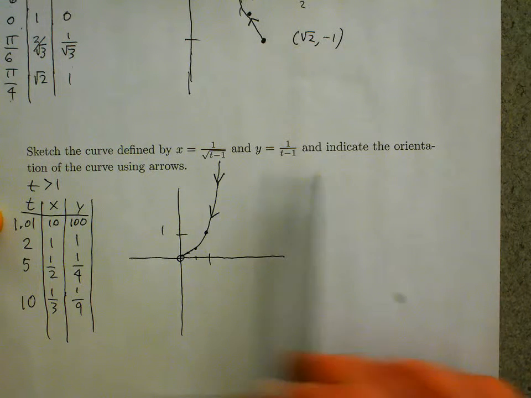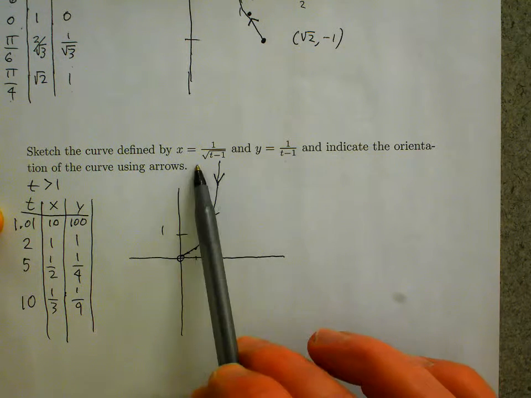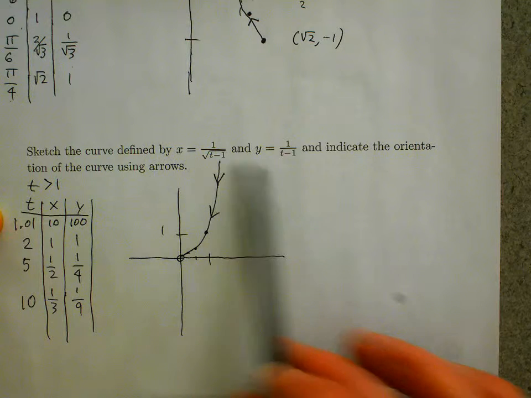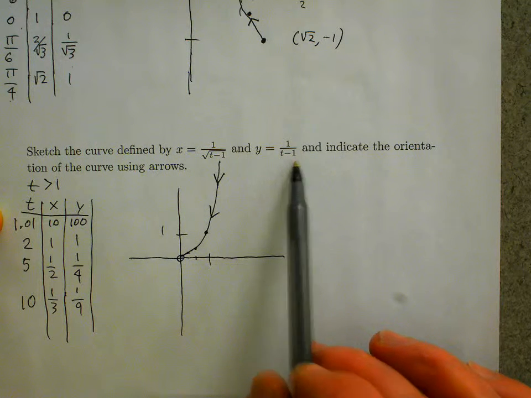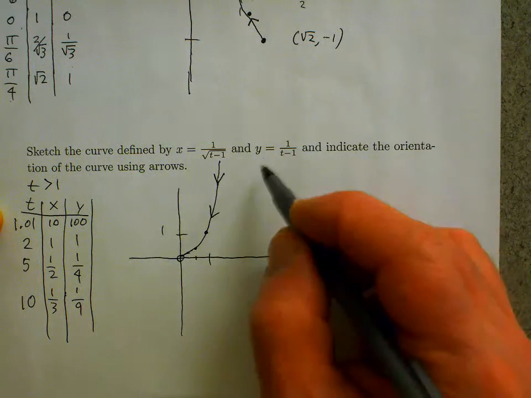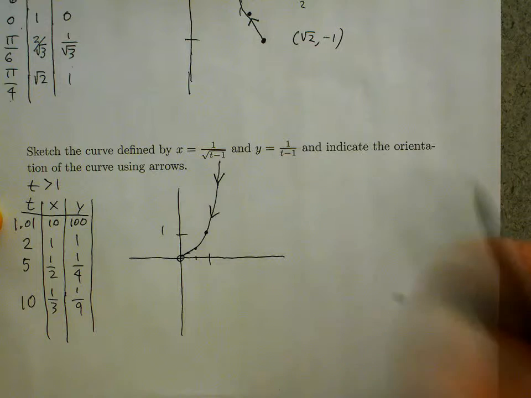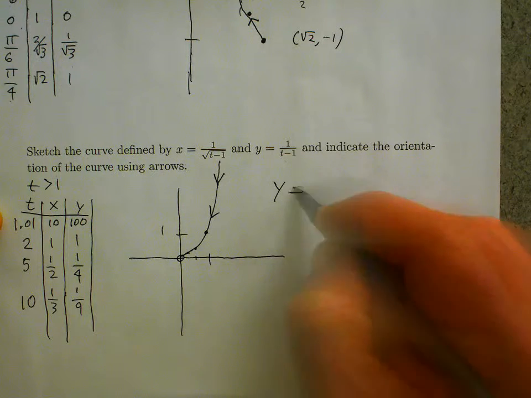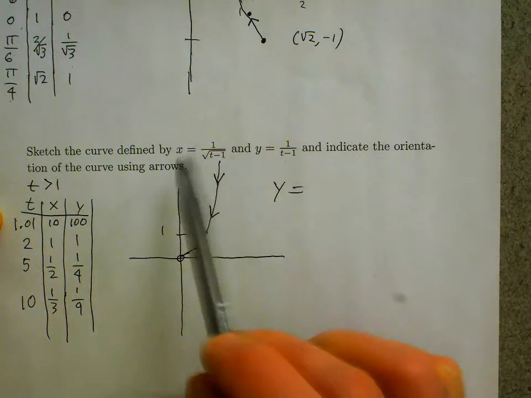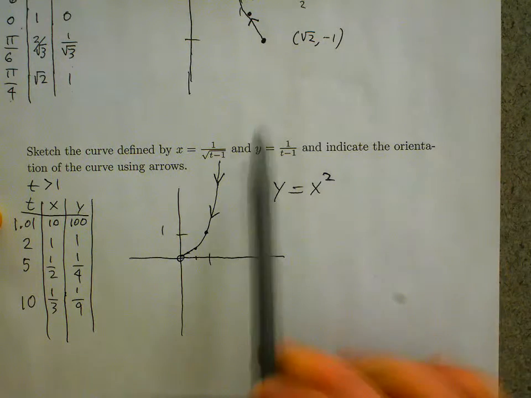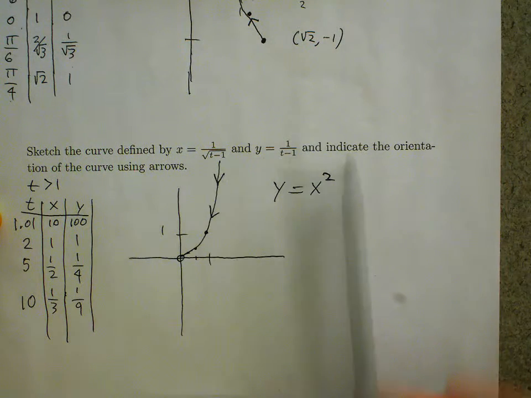Okay, if you want to write the Cartesian equation, notice that since x is 1 over the square root of t minus 1, y is just x squared. Because when you square 1 over the square root of t minus 1, you get 1 over t minus 1.